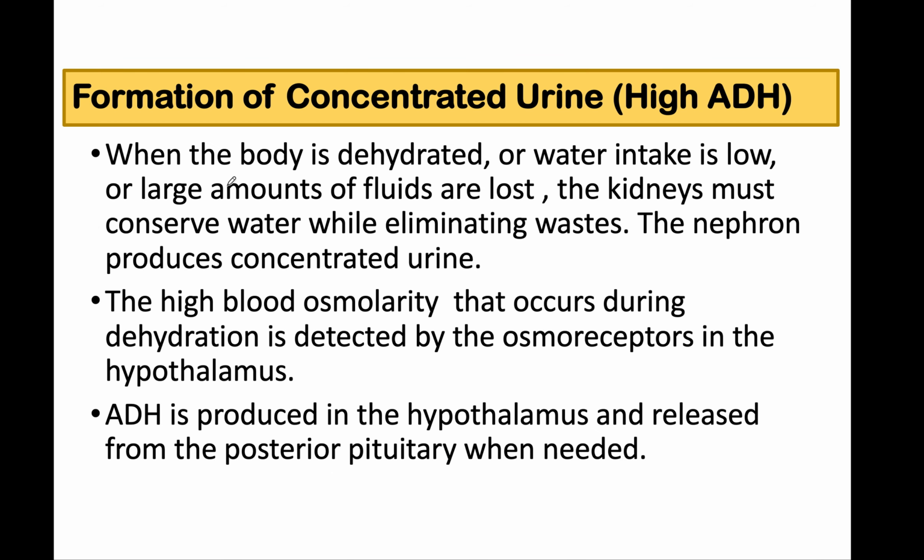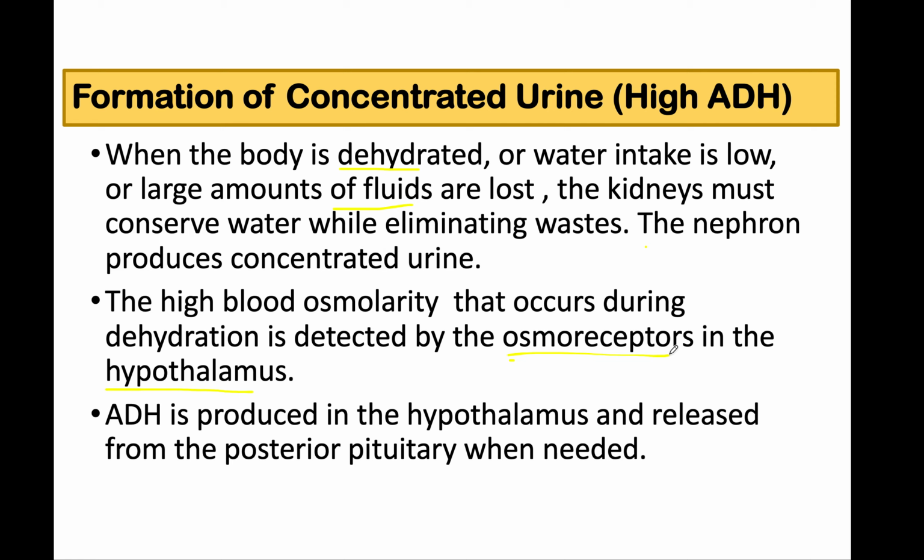So when the body is dehydrated or there is low water intake, then it means that the body is losing fluid, and the kidneys must conserve the water. So in this case, the nephrons will produce concentrated urine. How does that occur? In the hypothalamus, we do have osmoreceptors.